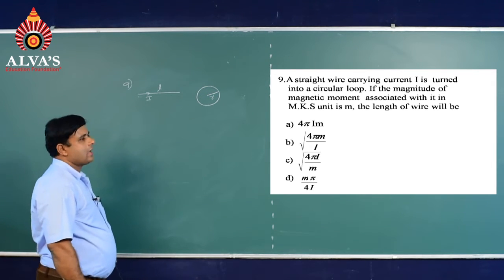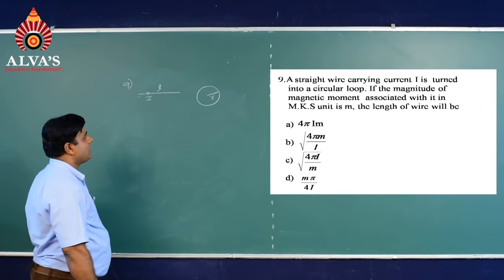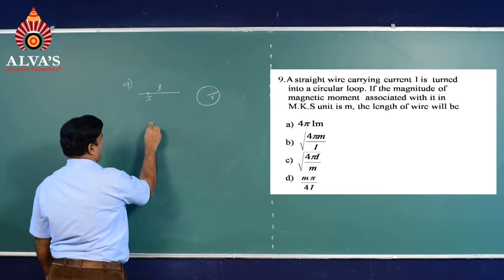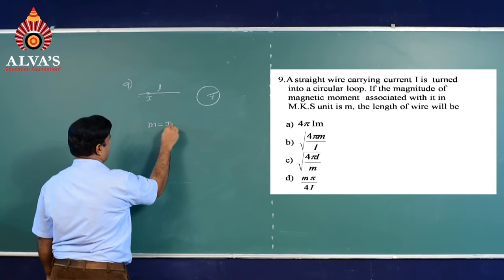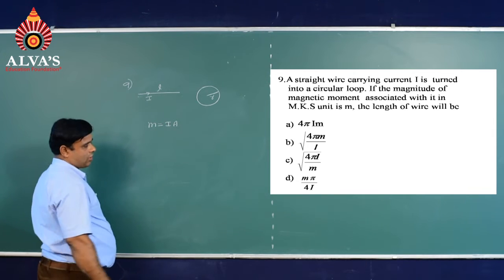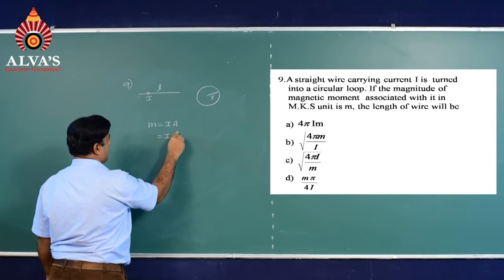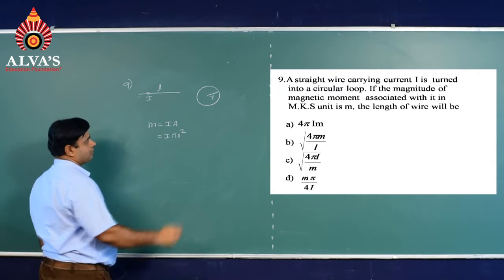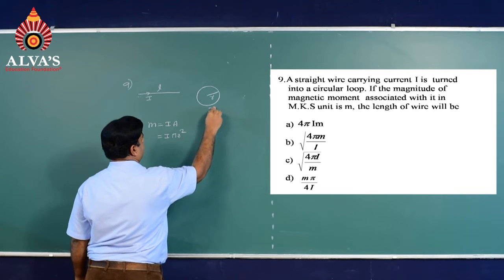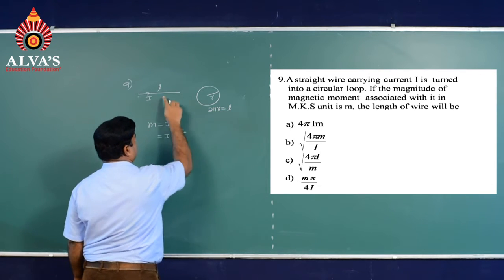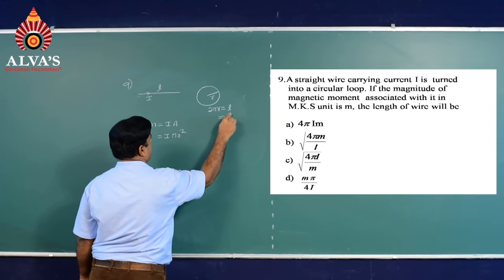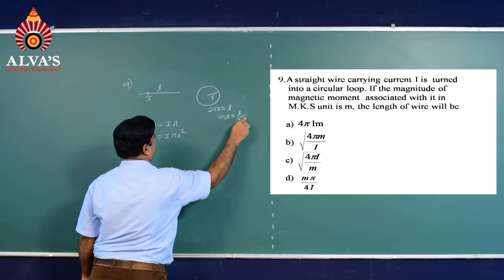You have to write the length of the wire in terms of magnetic moment. Magnetic moment is nothing but current into area of the loop, which is I into pi r square. But circumference of the loop is nothing but length of the wire, which implies r equal to L by 2 pi.